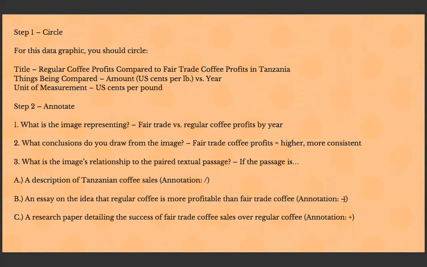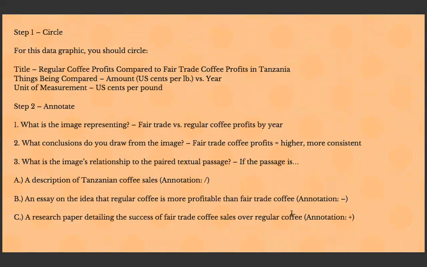So it's going to be a disagree or a minus sign beside your table. And C, if a research paper detailing the success of fair trade coffee sales over regular coffee sales, then you've got exactly what the passage is speaking to, and that's where you're going to put a plus sign.